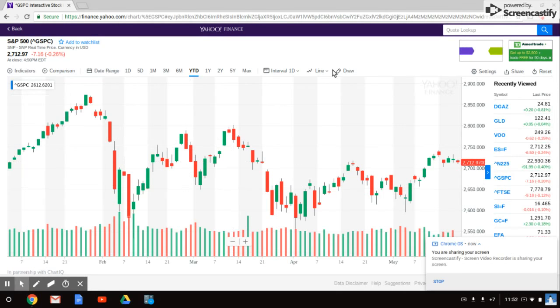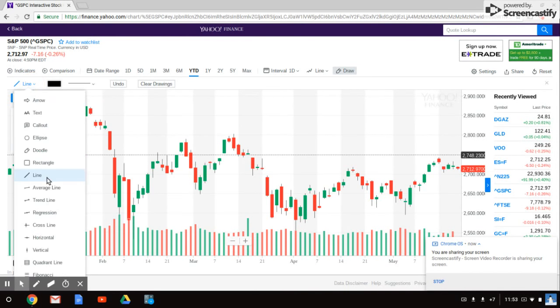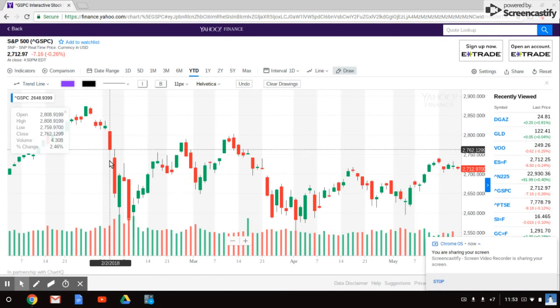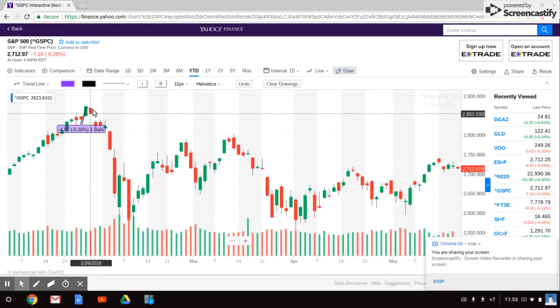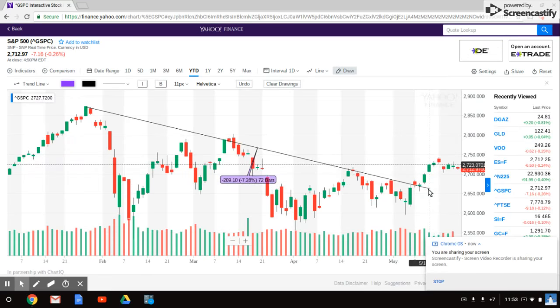If we take a look here, and next time I promise I will have trading software up and running. But I wanted to show you how you can simply do this on something like Yahoo. We're looking at a year-to-date daily chart.